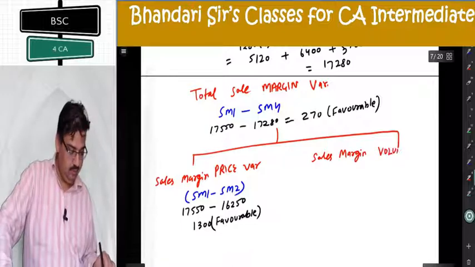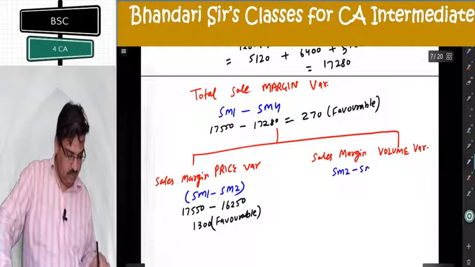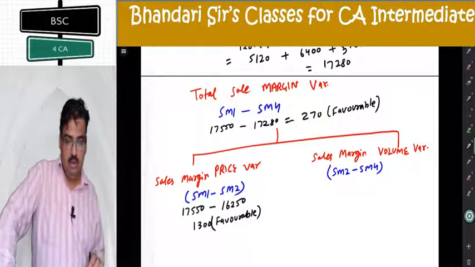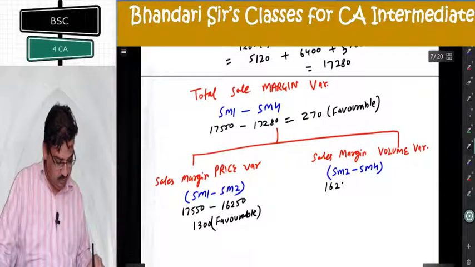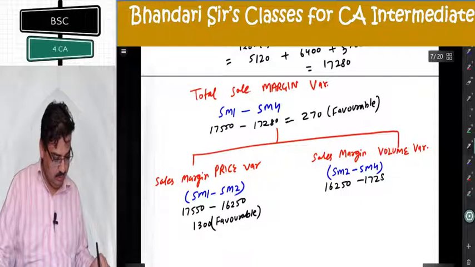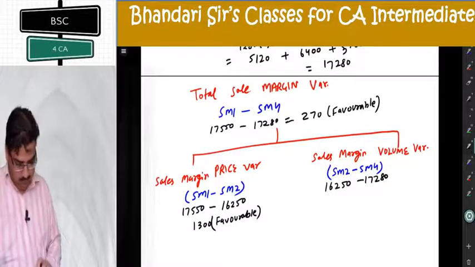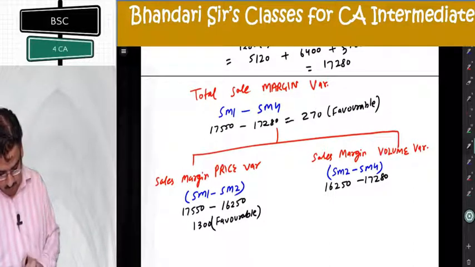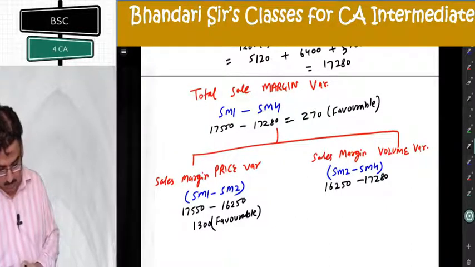Sales margin volume variance. SM2 minus SM4. 16250 minus 17280.